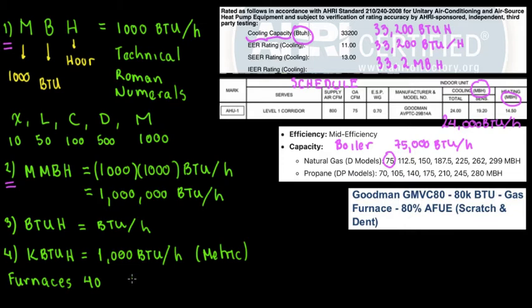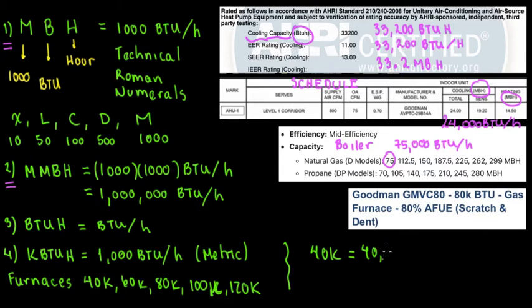I've seen that they usually call it, especially in residential, 40K, 60K, 80K, 100K, with 120K being the biggest one. 40K means 40,000 BTUs per hour.